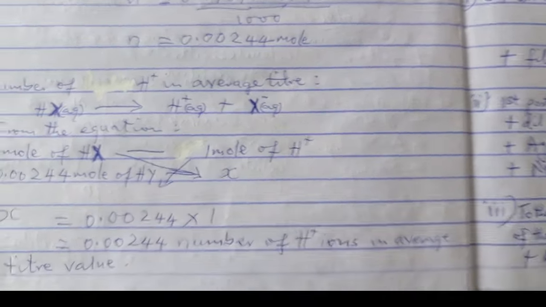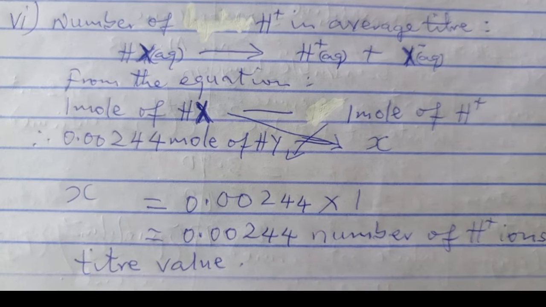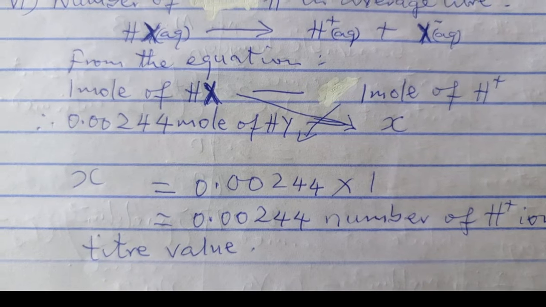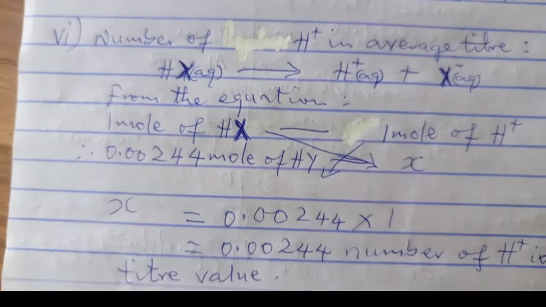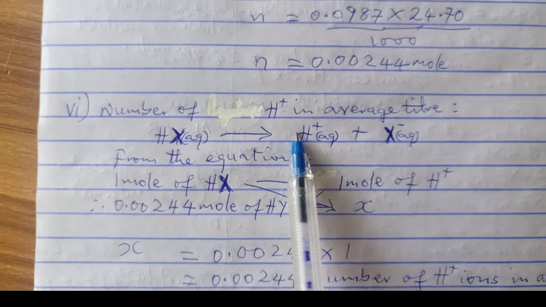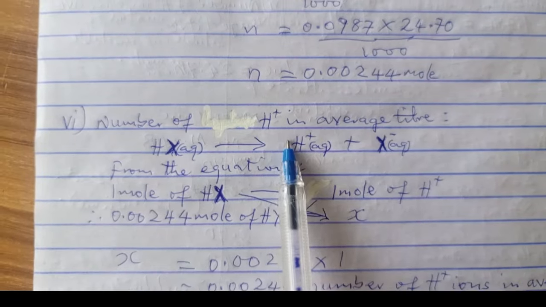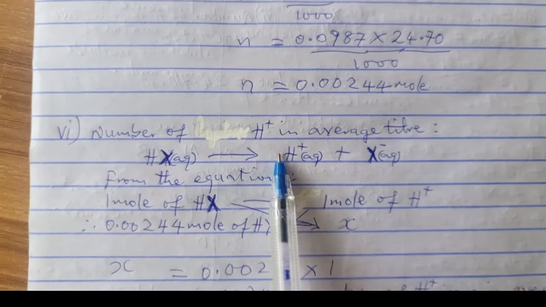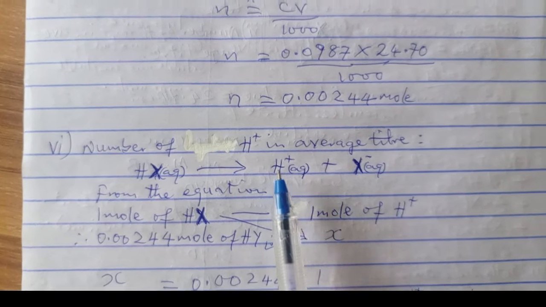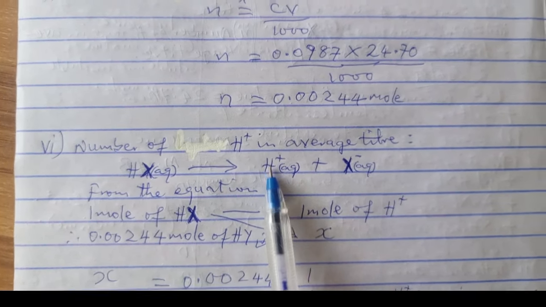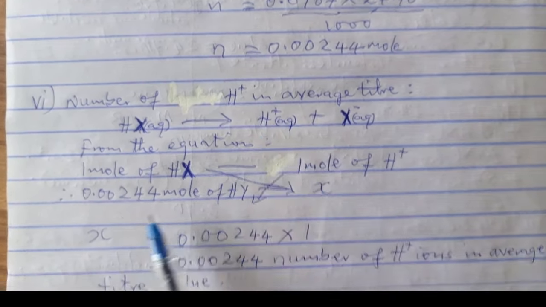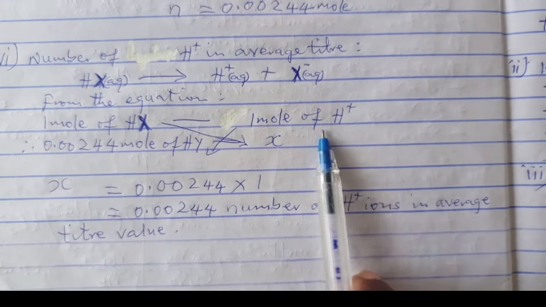From that equation, 1 mole of HX produces 1 mole of H ion, because this equation is balanced. There's no 2, no 3, nothing apart from 1 here and 1 here. Our concern is hydrogen ion, so 1 mole of this produces 1 mole of that.